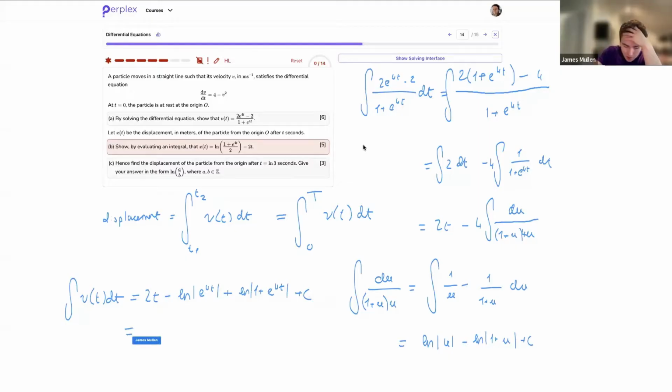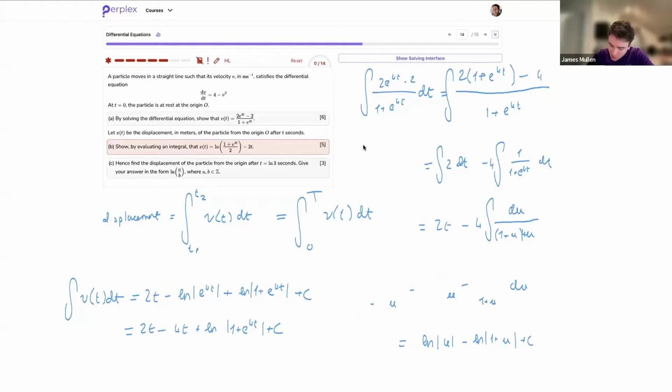And so I can write this as 2t minus 4t plus ln of 1 plus e to the 4t plus c, okay? Now, when I actually do the definite integral from 0 up to a certain time, what am I going to get?